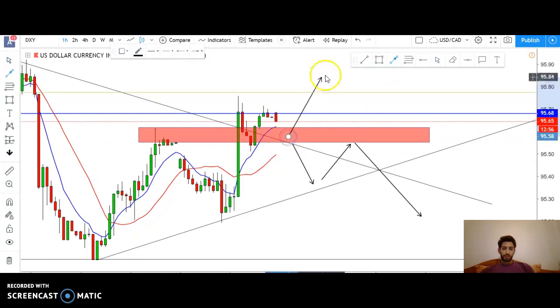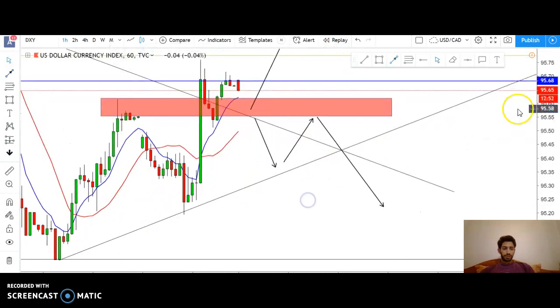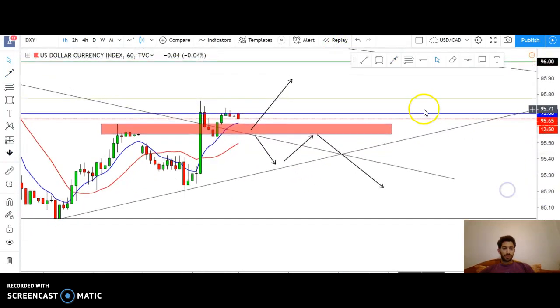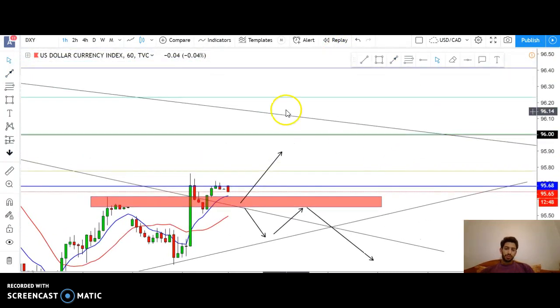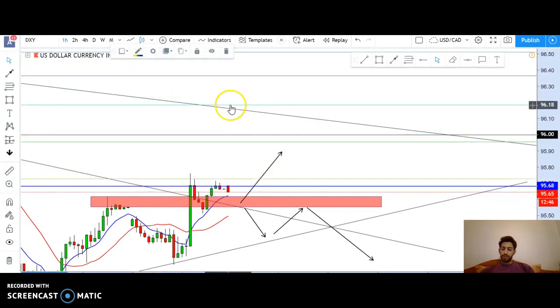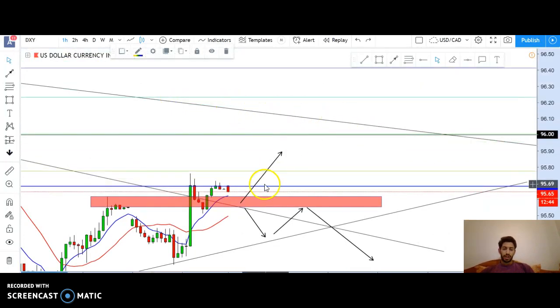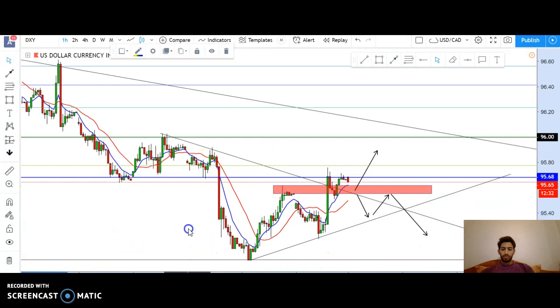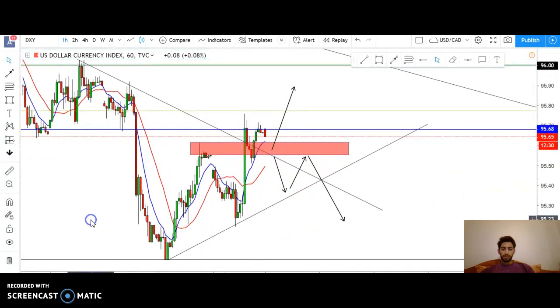Or it can bounce off this and go back up to the downtrend line on the higher time frame. So I do think it will come back down here to go back up and then start making lower lows and lower highs. Just keep your eyes peeled. Don't place a trade until you know it.